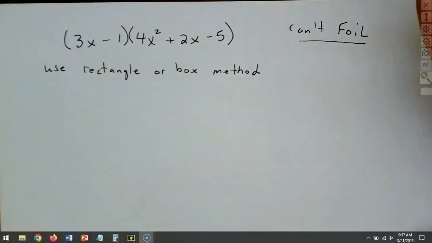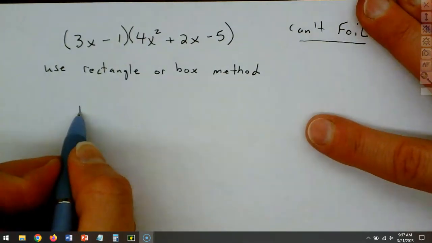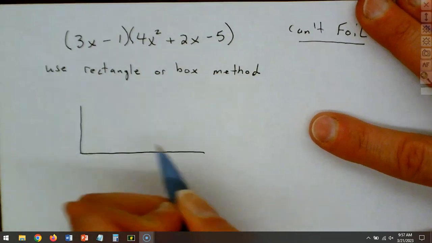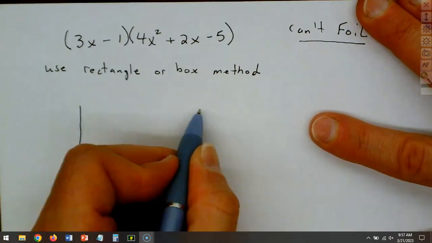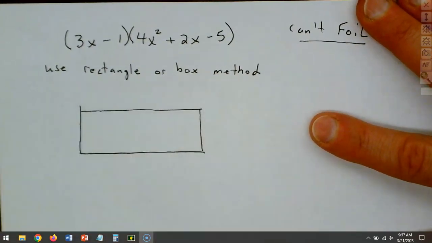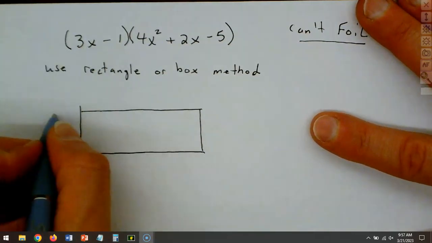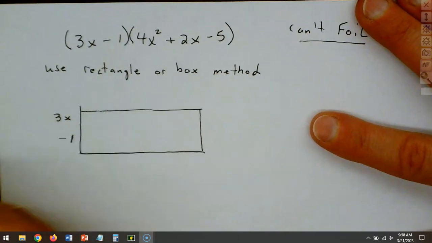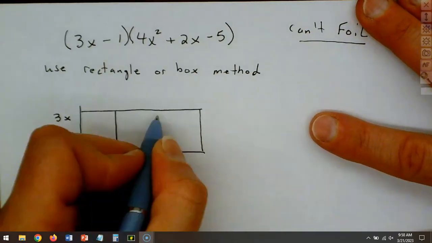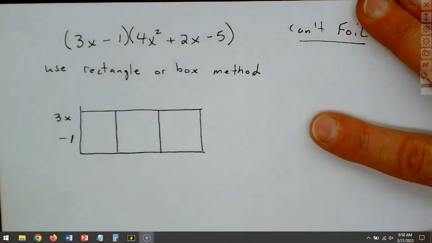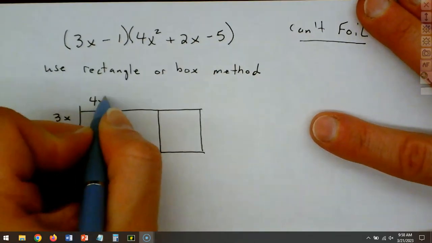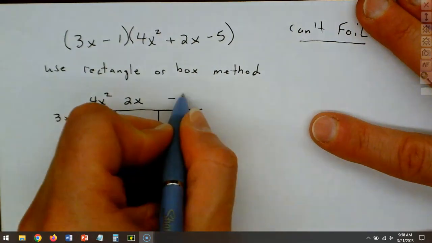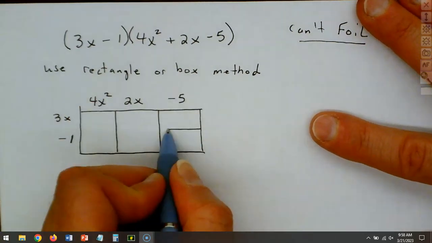And what we do is we draw a rectangle. And I usually write the smaller one down the side. So that's going to be a 3x and a minus 1 down the side. And then I'll write the larger one across the top. And that is a 4x squared, a 2x, and a minus 5.